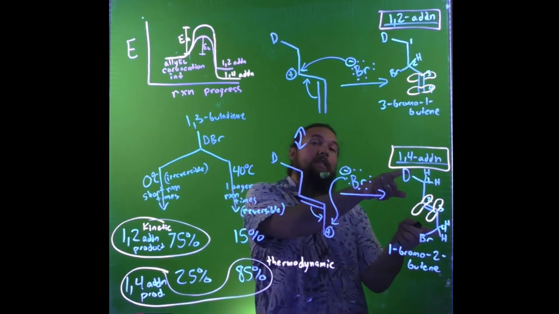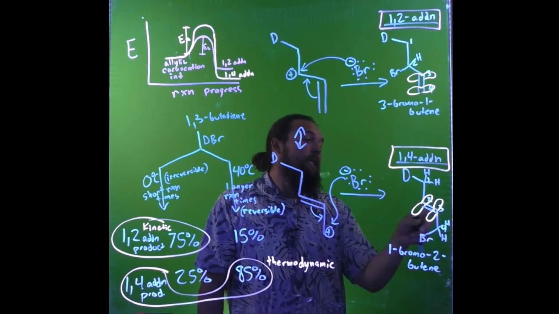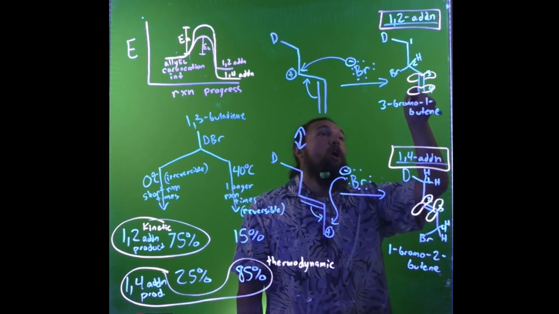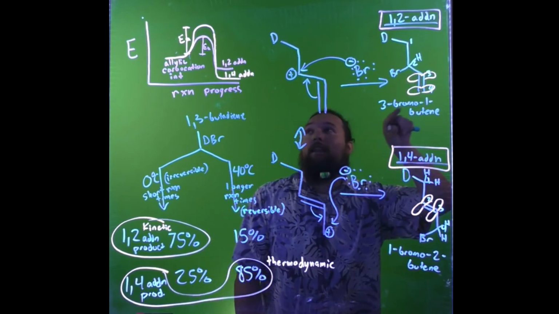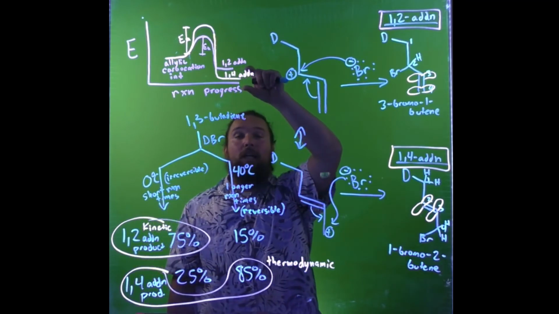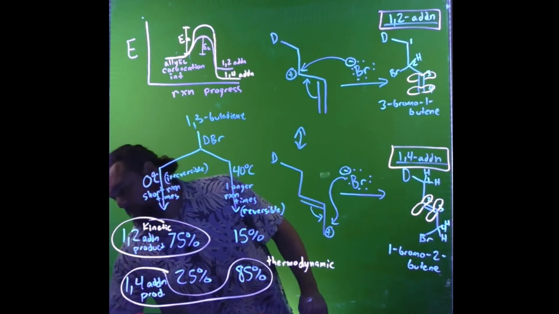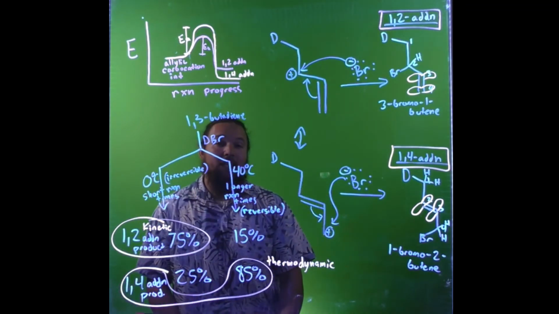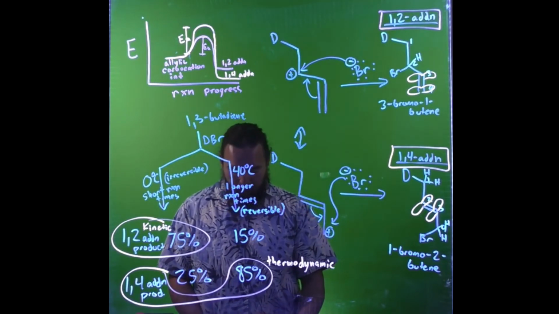And since it's a di-substituted alkene, you have stabilization coming from hyperconjugation on both sides, whereas this one, we only have stabilization on one side. Therefore, that's why the 1,4 addition product is lower in energy than the 1,2 addition product. I hope that answers your question. Now, this is kind of similar to why a conjugated diene is lower in energy than an unconjugated diene.